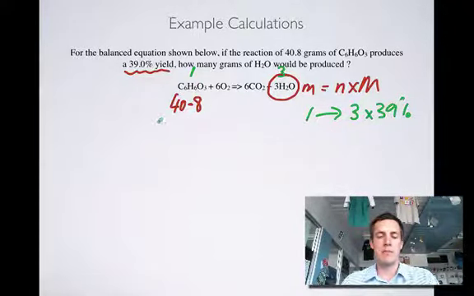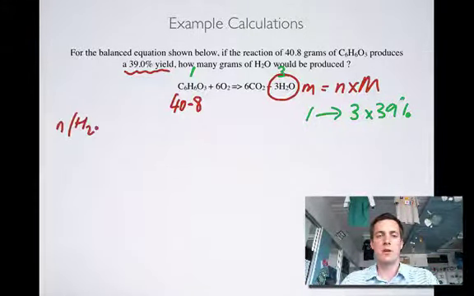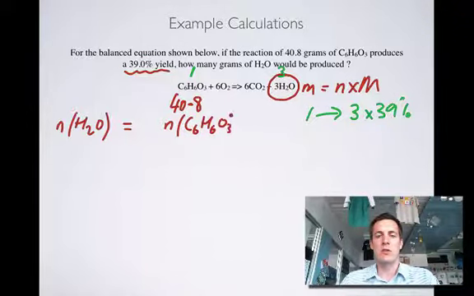Bearing that in mind, let's do the calculation. The mass of water is the number of moles times the molar mass, so we need the number of moles of water. That is related to the number of moles of C6H6O3, but certainly not equal to it because there's 3 there and 1 there.